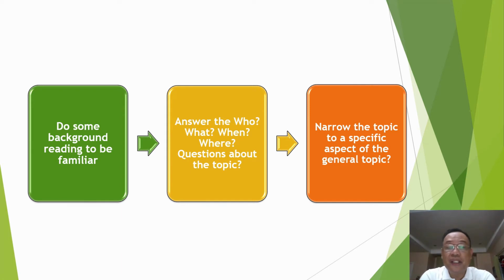Therefore, you have to read related literatures about health. For instance, you only have 2% knowledge about health. That means to say that you still lack 98% of all the information about health. What does that mean?